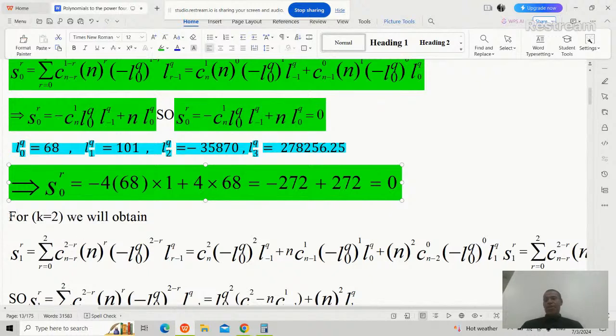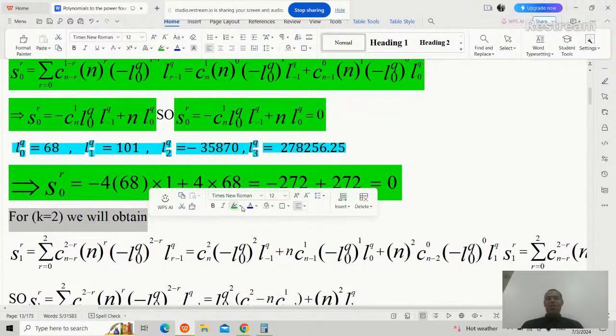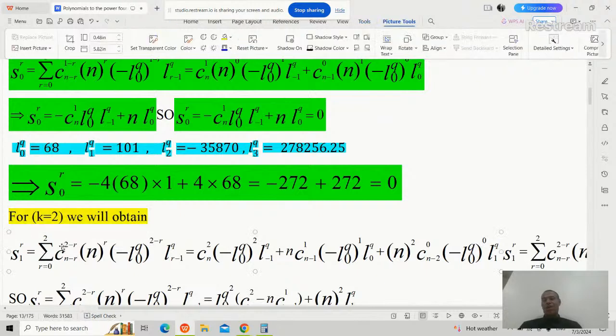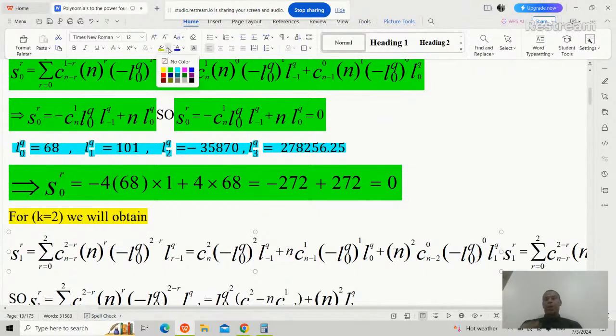Now I'm attempting, learners, to find the value of S1. To find the value of S1, you just put k equals 2 in the discriminant formula. Okay, this is the discriminant formula when k equals 2. I'll just start working on it.